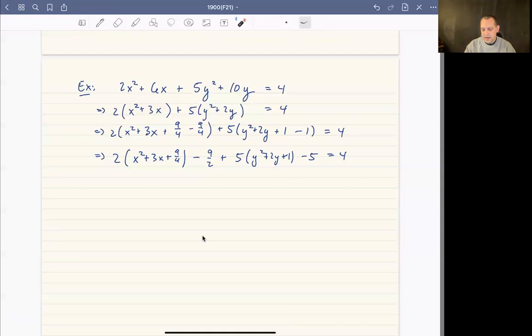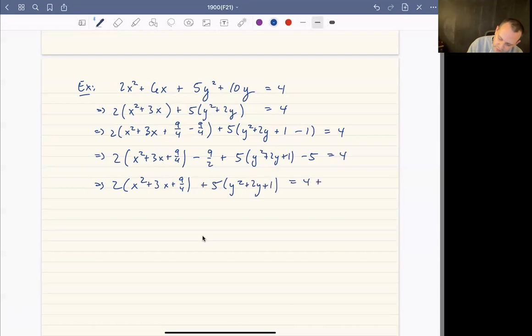And then I can take the 9/2 and the 5, move them over, and we're going to end up with 2 times x squared plus 3x plus 9/4 plus 5 times y squared plus 2y plus 1. That's equal to 4 plus 5 plus 9/2.